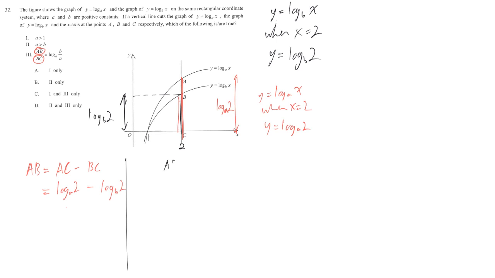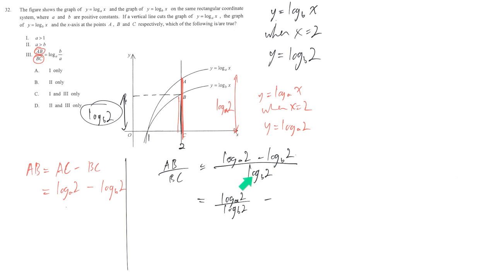So our conclusion: AB over BC is equal to log base a of 2 minus log base b of 2, and then divided by BC, which is log base b of 2. Simplify that: log base a of 2 over log base b of 2, separate the fraction, and then the numerator and the denominator are the same, so this will become 1.